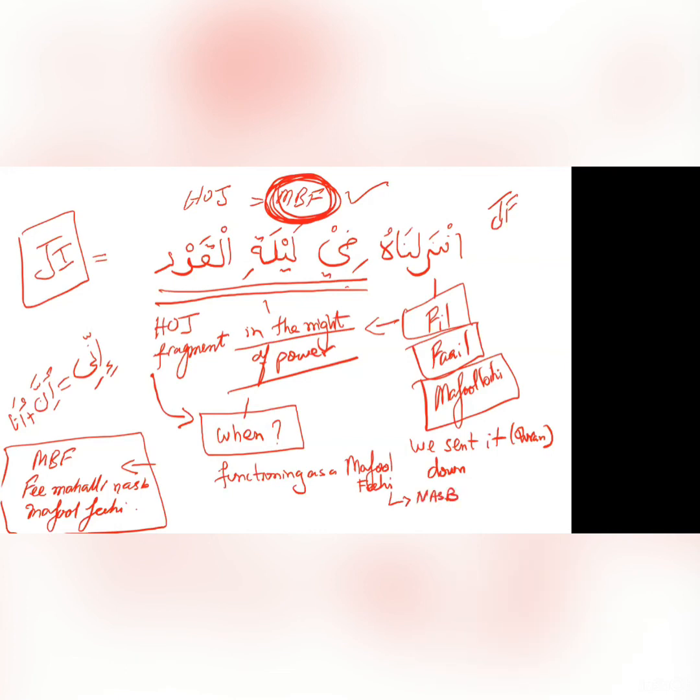Nasab. So your HOJ fragment, which is MBF, mutalik bil fail, is acting in the place of maf'ul fihi, which has the status of nasab.